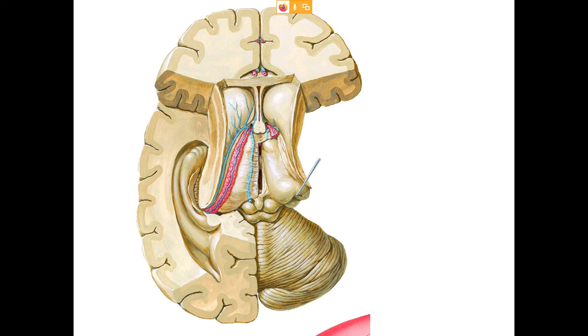Then posteriorly, let me show you this posterior part. The dentate gyrus is continuous with the gyrus fasciolaris. Pressed in front, it enters the substance of the uncus and bends abruptly medialward as a smooth ridge known as the band of Giacomini.